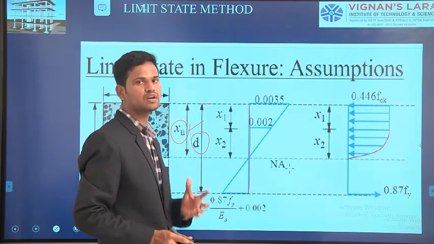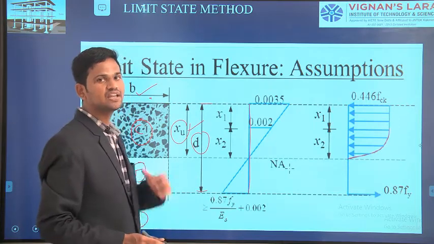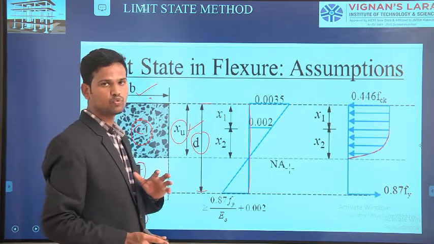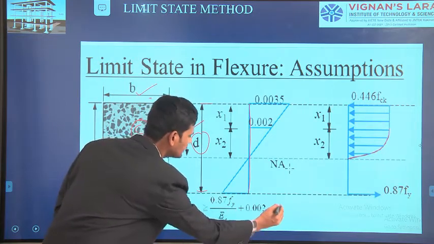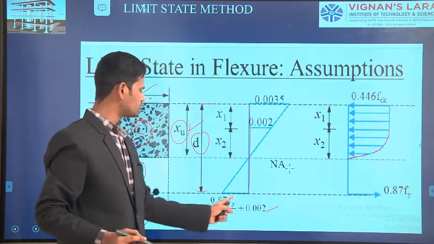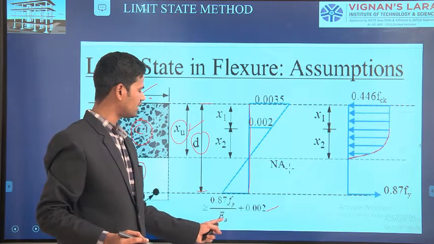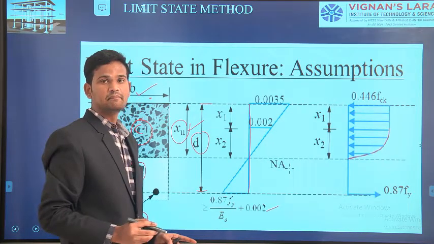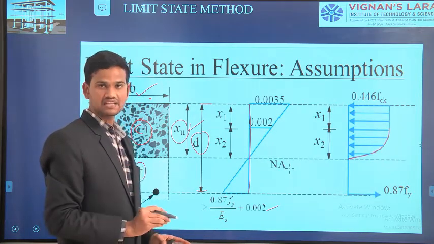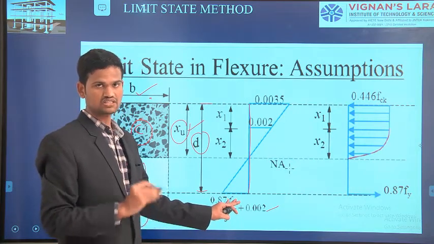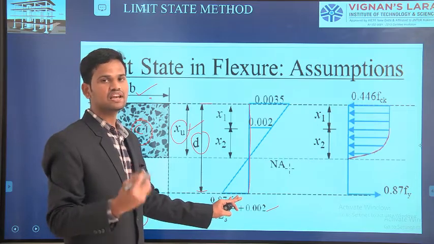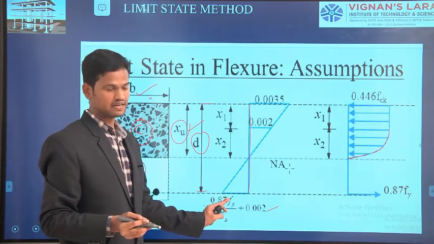This is the maximum limit; beyond it, if the strain is exceeded, the concrete is not useful for construction purposes. Again, 0.002 plus 0.87 fy by Es is the strain in the tensile steel, and the strain you get in the steel shall not be less than this value.